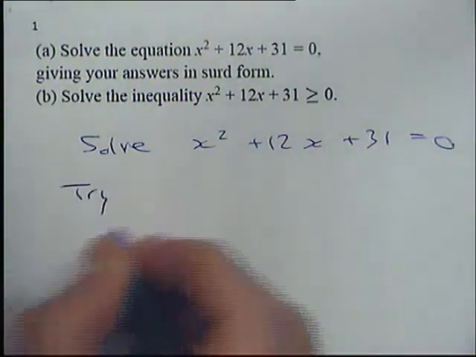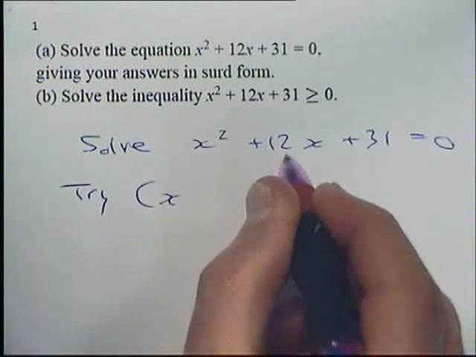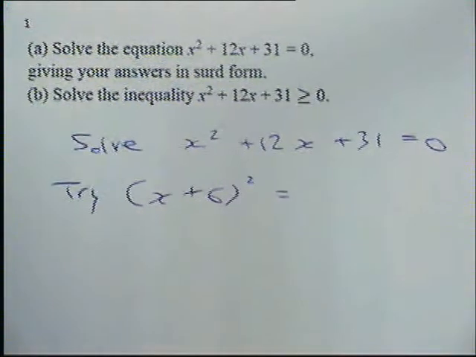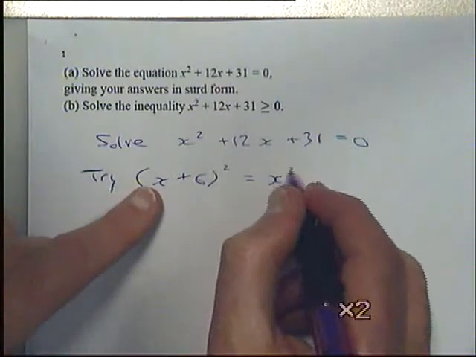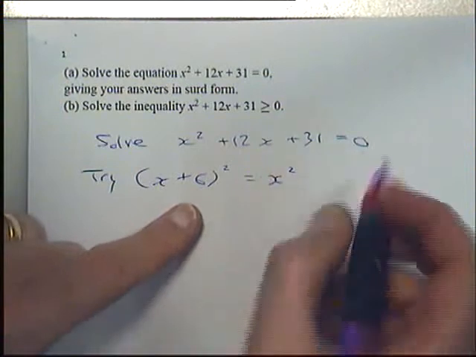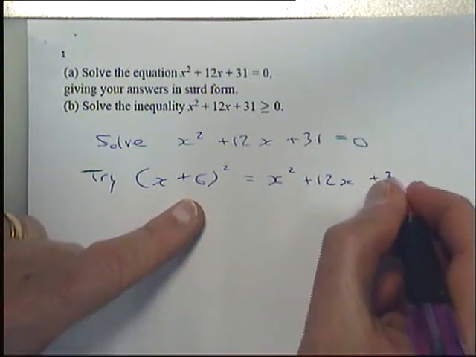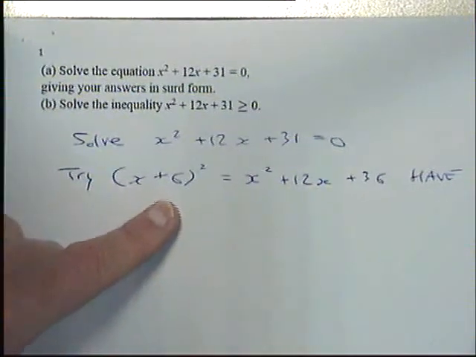Okay, so what will we try first of all then? X, yeah, half of that plus 12 is plus 6. I'm hoping now that you could probably be doing this in your head. It's going to be an x squared. You know the next bit is going to be the same as this, because that's the whole point. And then 6 squared is 36. So that is what we have.